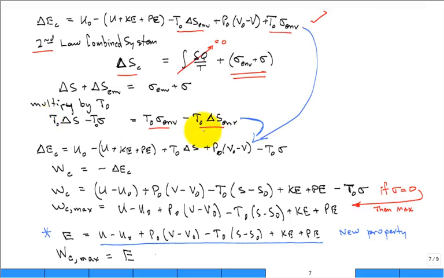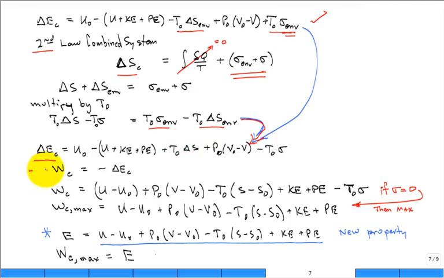So we multiply by T0, you're ready to substitute here so that you could get rid of the entropy change of the environment, to get the change in the energy of the combined system. Let me look at this a minute. Right here. T0.